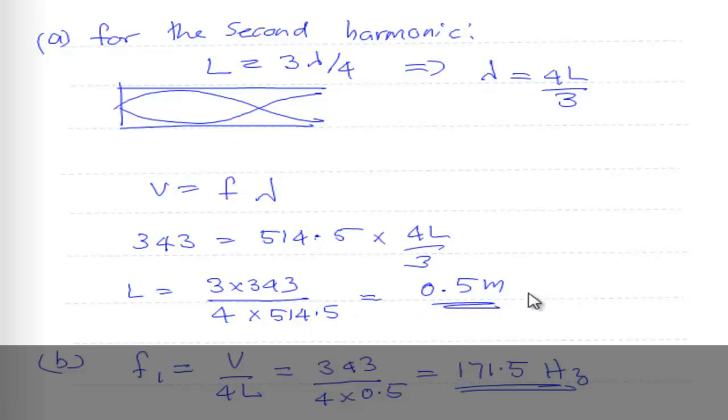So L equals 0.5 meters. Now to find the fundamental mode, we can use the formula for a tube closed at one end. f1 is v over 4L. So v is 343 because that's the speed of sound in air, divided by 4L, so 4 times 0.5, which equals 171.5 Hertz.